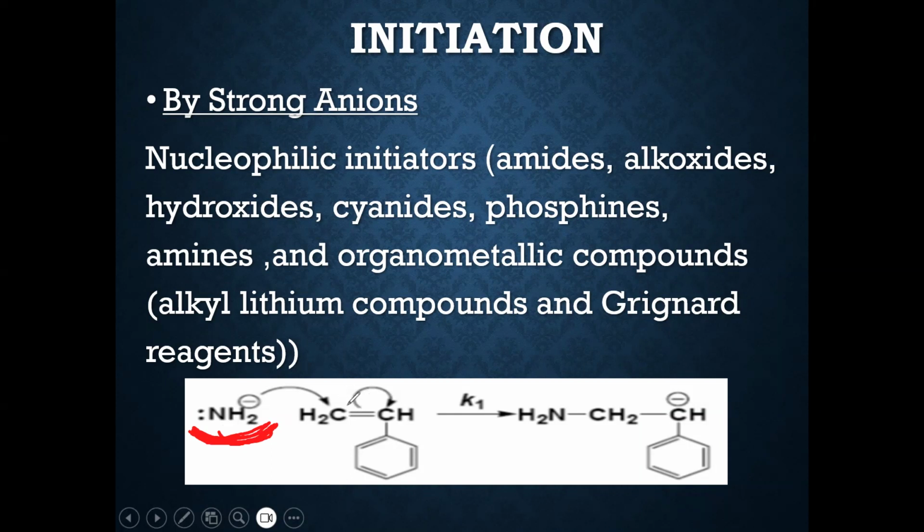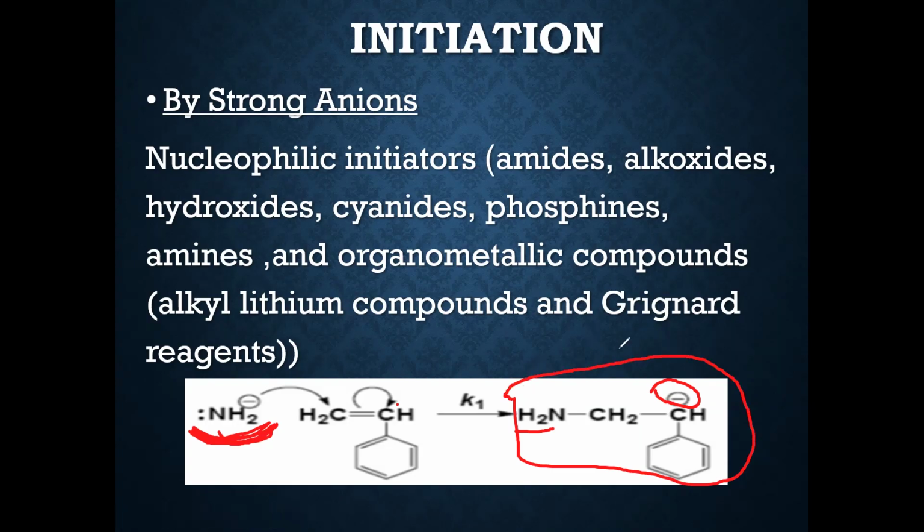The double bond will be broken, and the result will be a negatively charged carbon ion, or carbanion. The functional group will bind to the monomer. This is the reactive monomer that will initiate the reaction and take it to the next step, which is propagation.